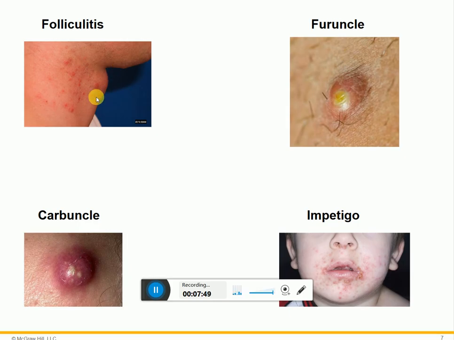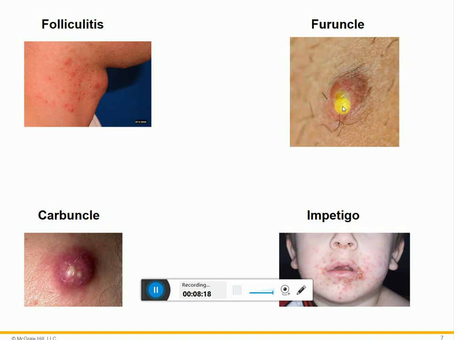This is on the anterior part of the neck of a person where, after shaving, especially if no aftershave that would kill bacteria is put on the skin, bacteria could very easily get into the skin through the hair follicles, causing this folliculitis. So folliculitis is inflammation of the hair follicles because of infection with Staph aureus.